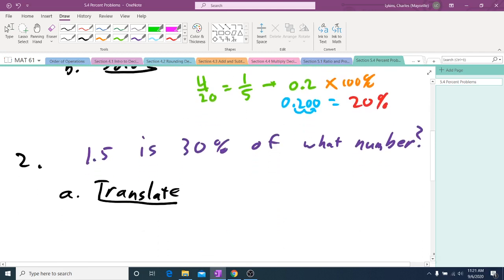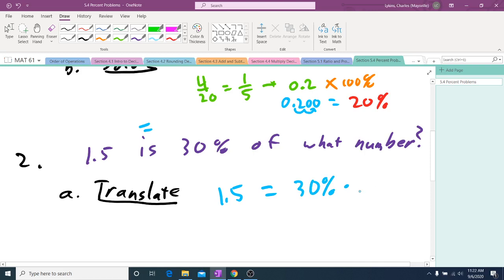So the next one, we still need to translate this, so we just need to dissect it. We've got this 1.5. "Is," remember, is an equal sign. Okay, 30% of what number?